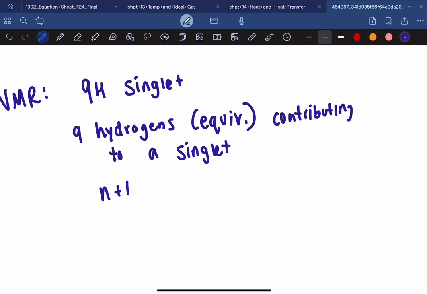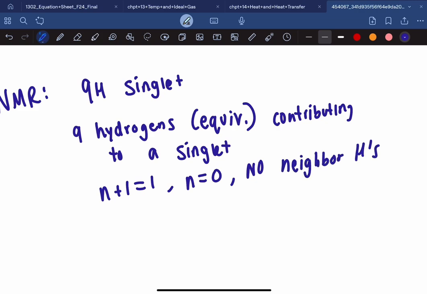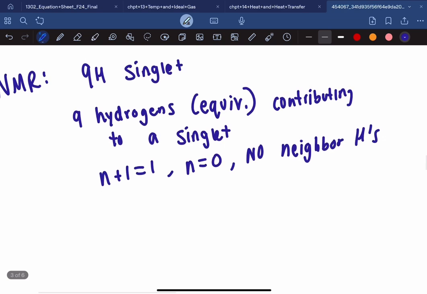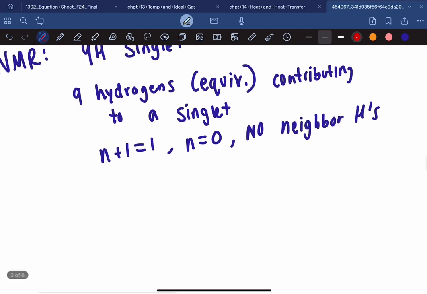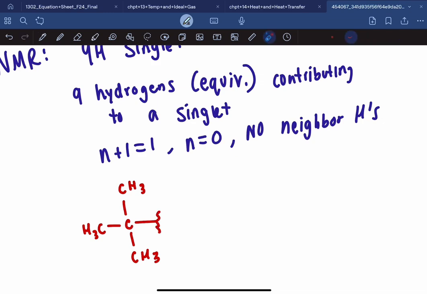Singlet means n plus 1 equals 1, so n equals 0: no neighboring hydrogens. The only way a 9H singlet can ever exist is if you have 3 CH3s bonded to a carbon with no hydrogen. That can't be a hydrogen, right? So this is some group here. Because think about it, this is 3, 6, 9 hydrogens, so that's 9H.